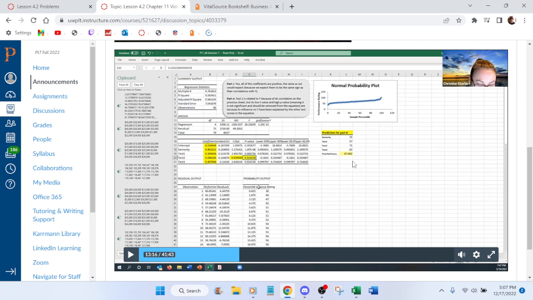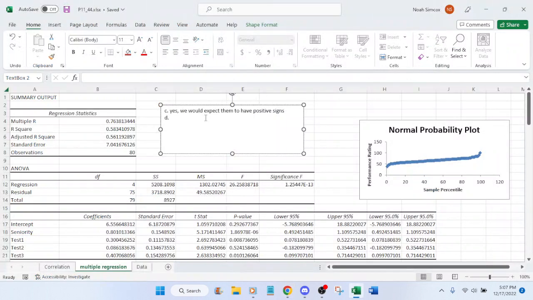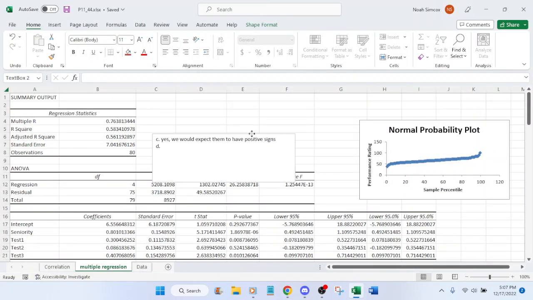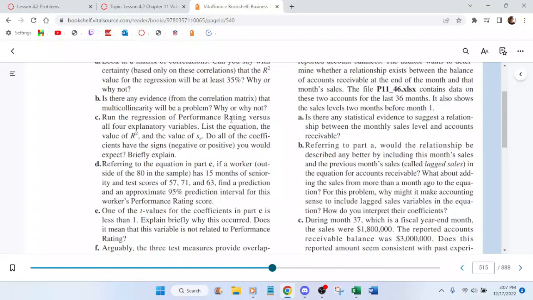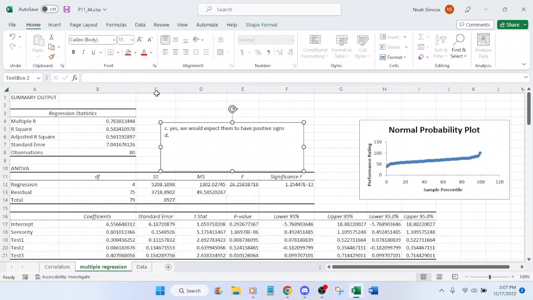So that makes it a little easier. D, prediction, we'll just put it up here. We're just going to label it as D.